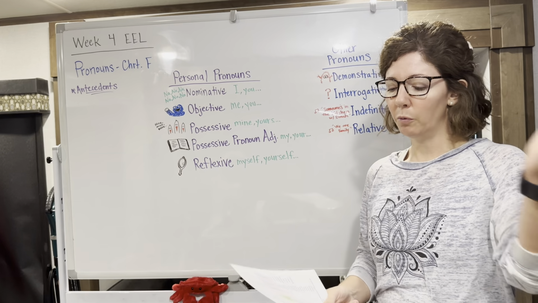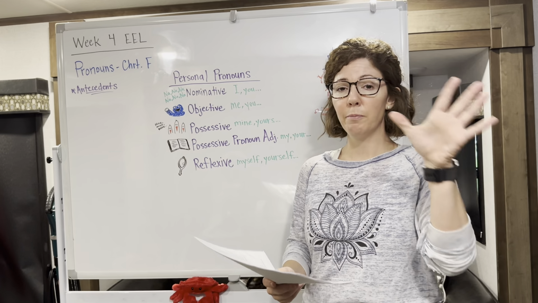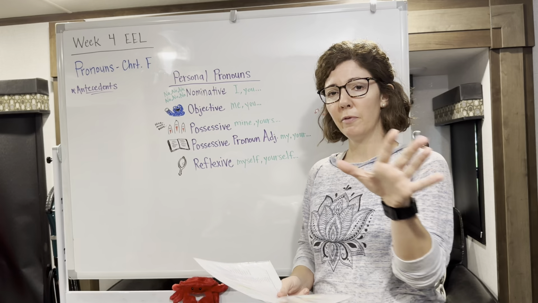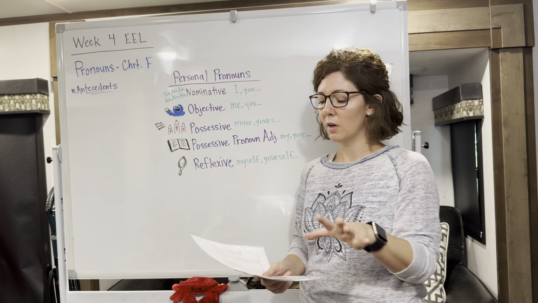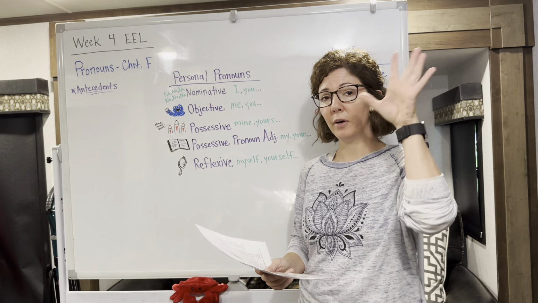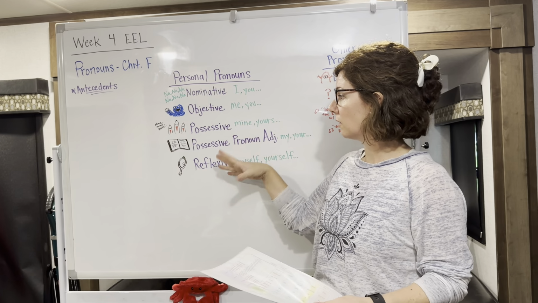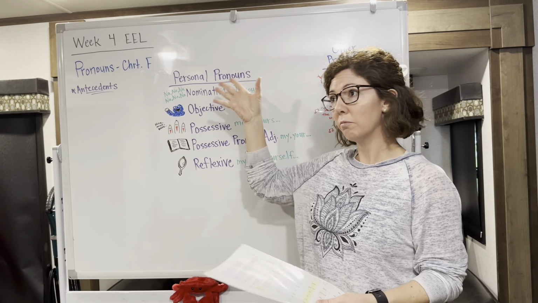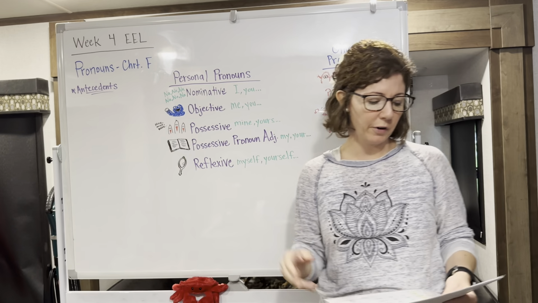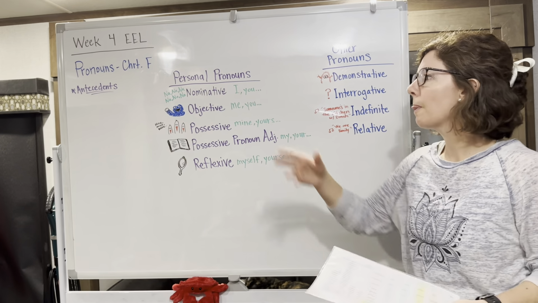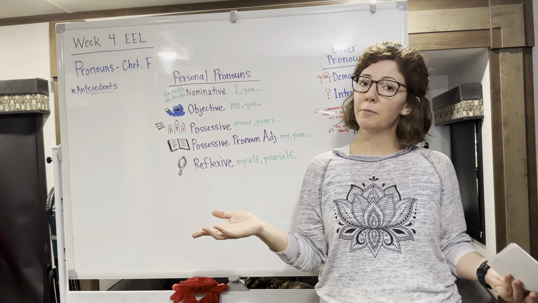And then we're going to jump right on in. If we look at the top of our chart, we have personal pronouns and other pronouns. We have 5 different personal pronouns listed under our personal pronouns category, so we'll look at those first. The first one is our nominative pronoun.